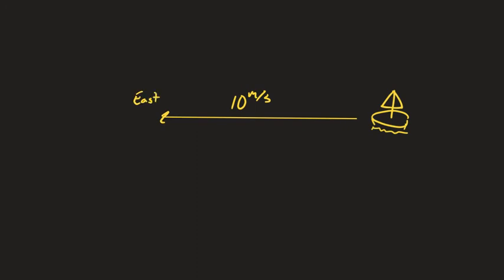And the current this way at 4 meters per second. Add the vectors tip to tail.